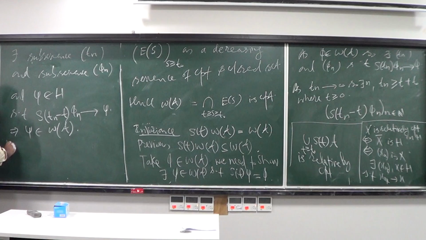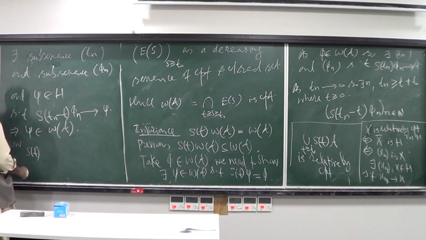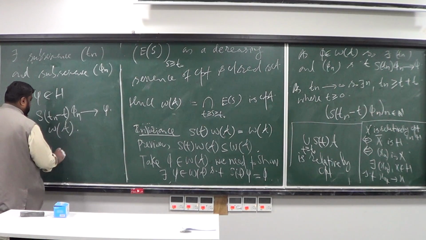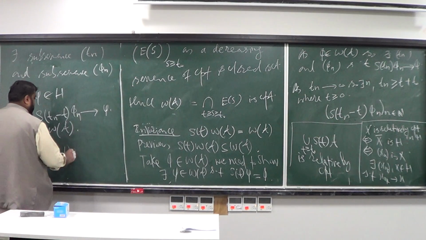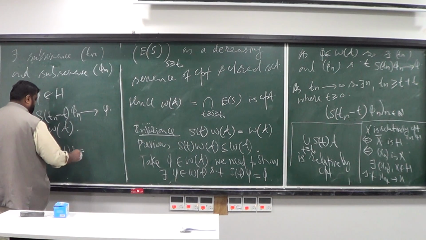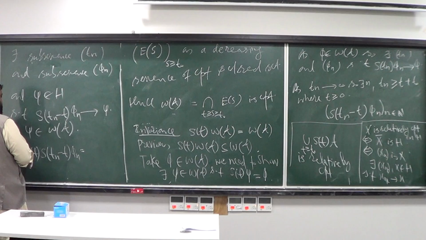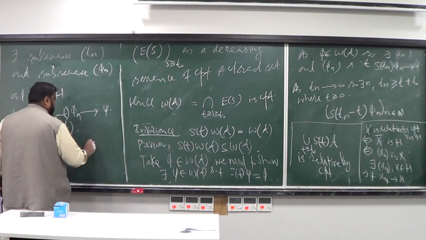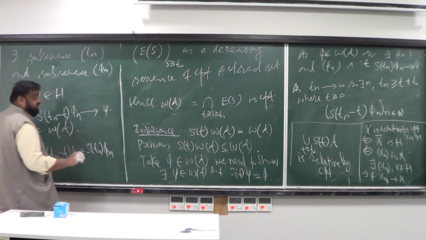So now let's apply S of t onto psi. I can use another trick: if I apply S of t operated onto S of Tn minus t operated onto phi n, by the semigroup property I can write this as S of t plus Tn minus t, in other words S of Tn operated onto phi n.